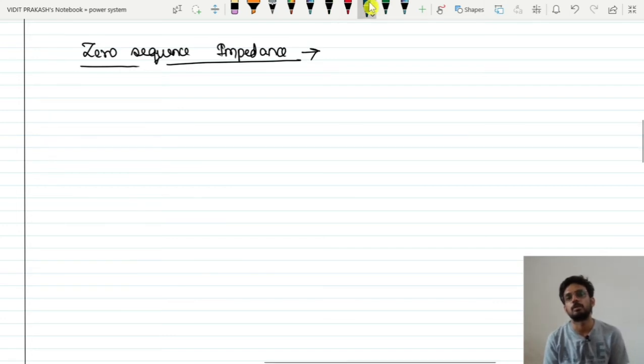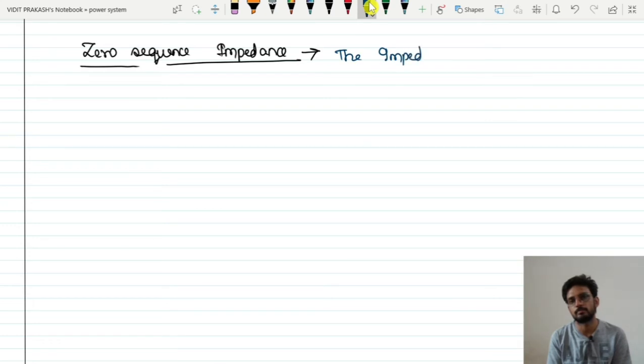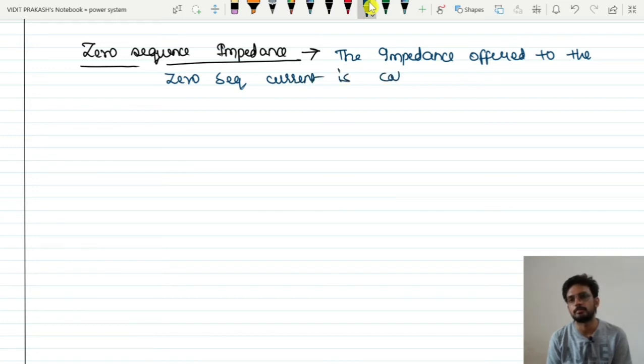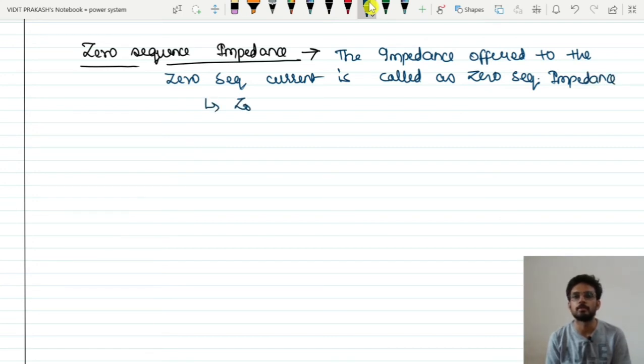The impedance offered to the zero sequence current is called zero sequence impedance, and this is also denoted by Z0.